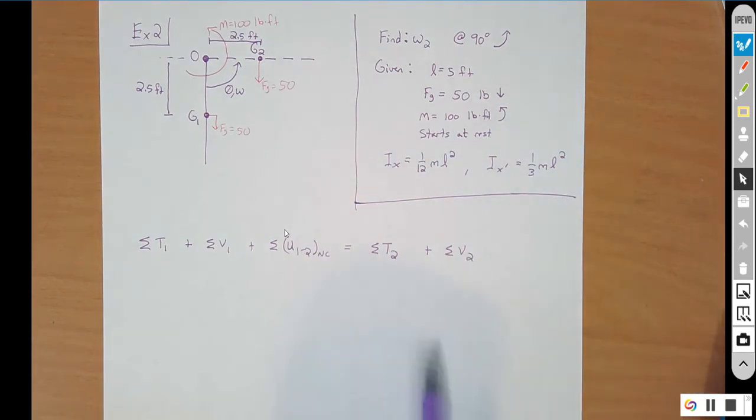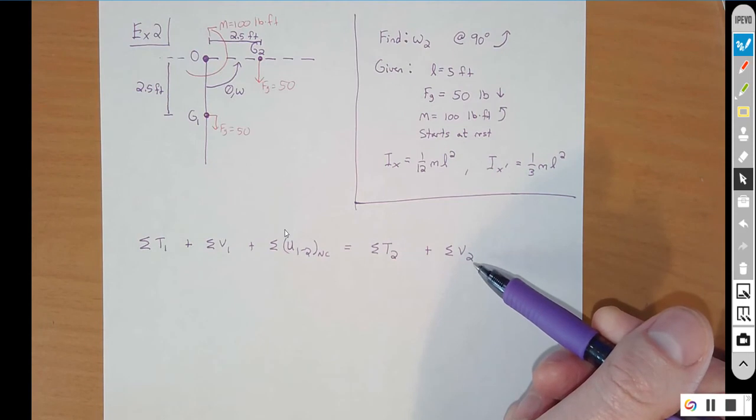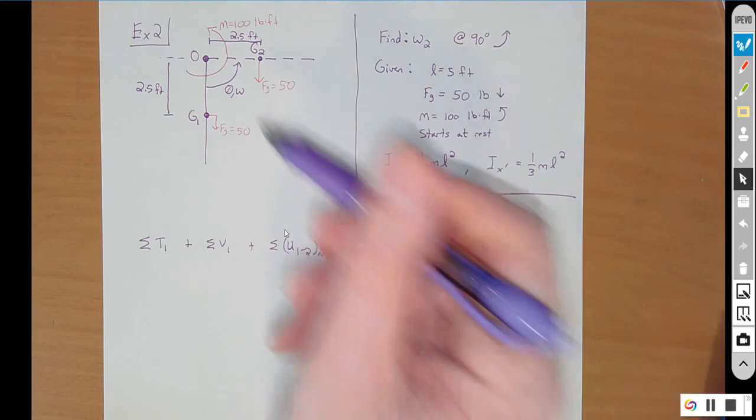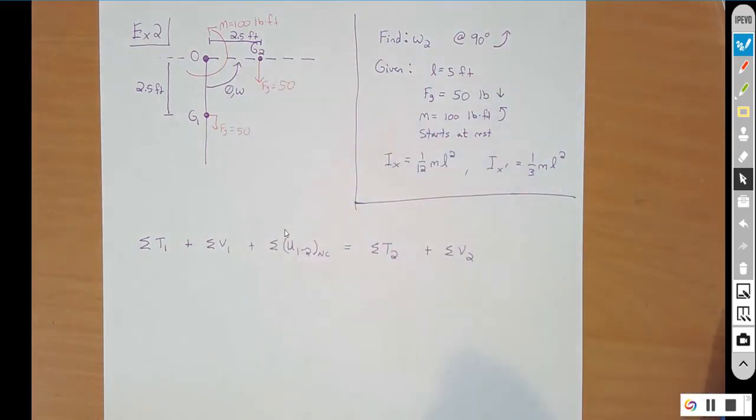So before we solve this, I'm just going to take a quick tangent. So for V2, this is composed of springs and gravitational potential energy. So we will have gravitational potential in here, but there are no springs, so I can't really show you, but I do want you to know the equation. So we've already seen linear springs being 1/2 k delta S squared, but there's also torsional springs. So torsional springs being things like mouse traps, where they introduce a moment as you rotate them.